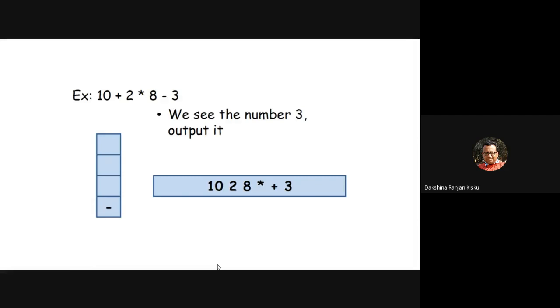The final element that we see in the infix expression is operand 3. According to the steps of the algorithm, whenever we see an operand, we simply write it with the remaining expression.